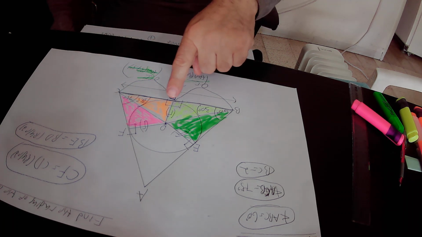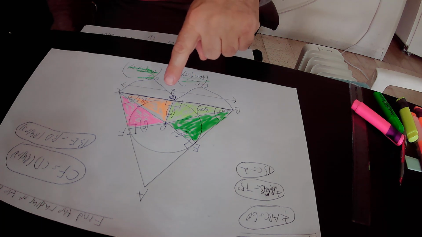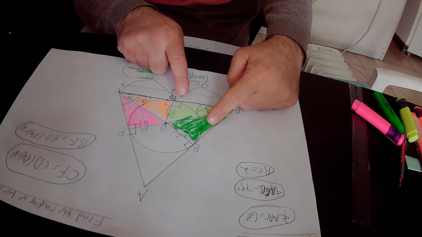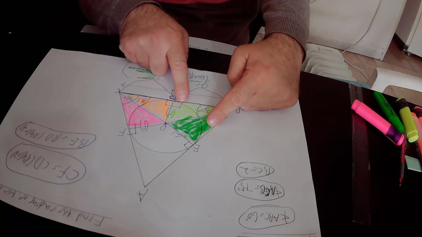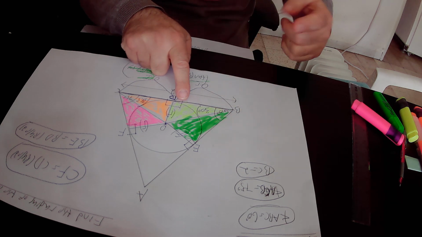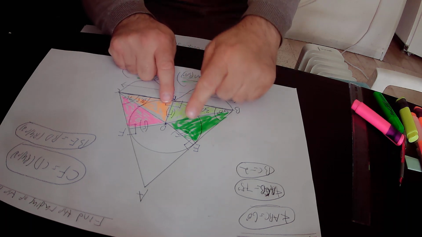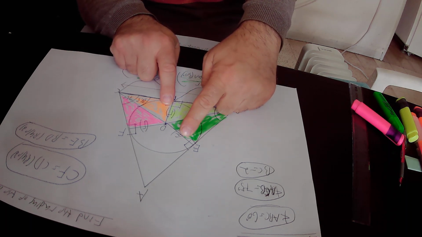Then we join points O and C together, and join points O and B together. In the next step, we prove that the yellow triangle is congruent to the green triangle according to the side rule. So why are those two triangles congruent? First of all, those two sides are both radii of the circle, therefore they are equal to each other.